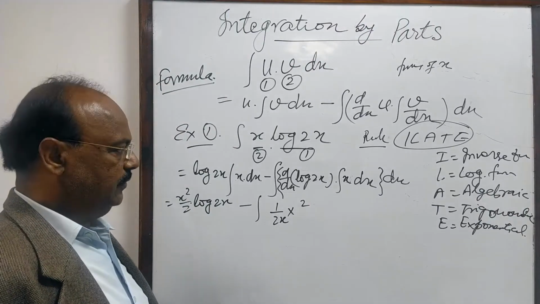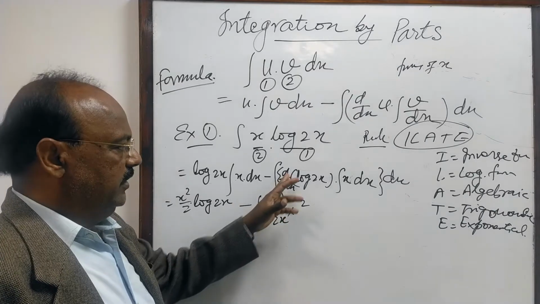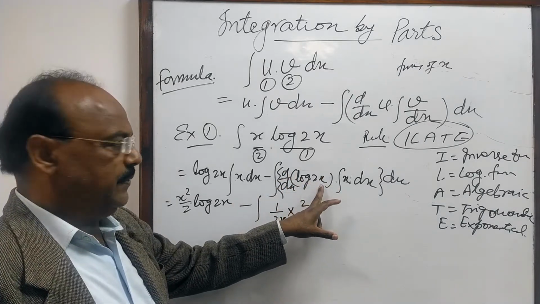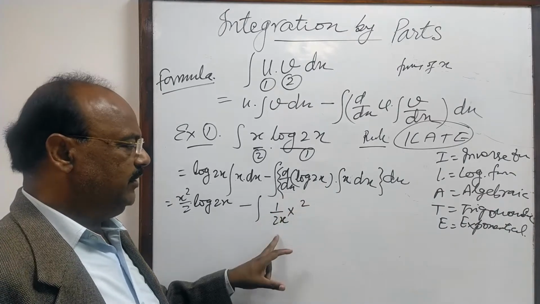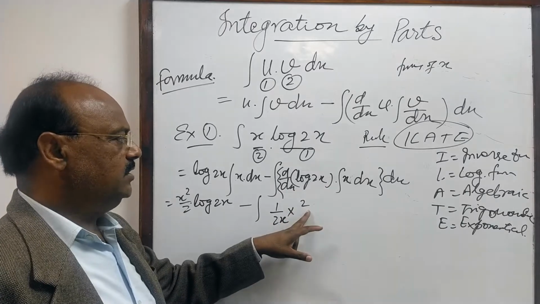Try to understand, once again I am discussing it. d/dx of log 2x: first log 2x is differentiated with respect to 2x, that is 1 by 2x, and again 2x is differentiated with respect to x, that is 2.